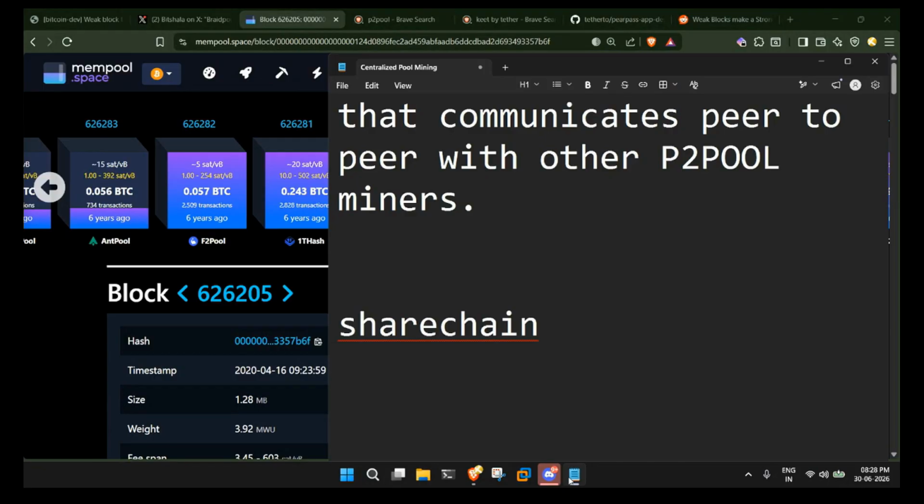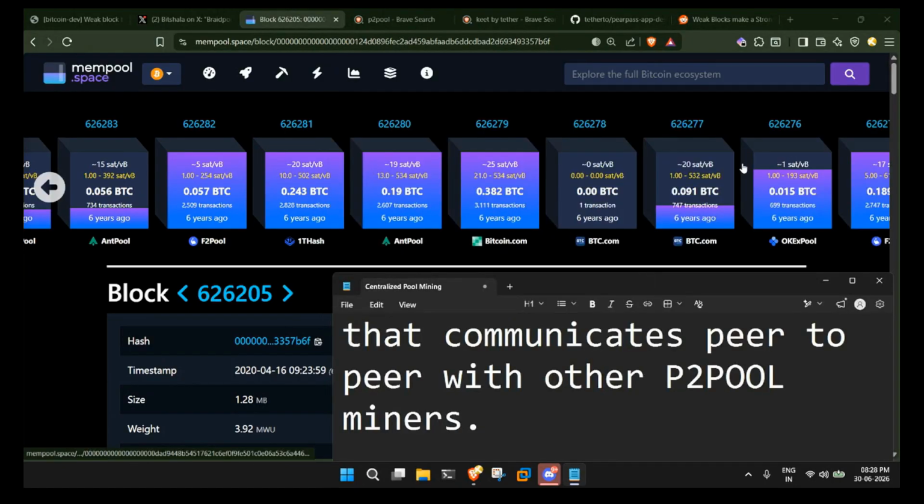The same logic P2Pool was also using. So they were using a custom node which uses peer-to-peer communication, but still there is the problem of stale blocks, just like here. Because if everything is linear, what will happen?